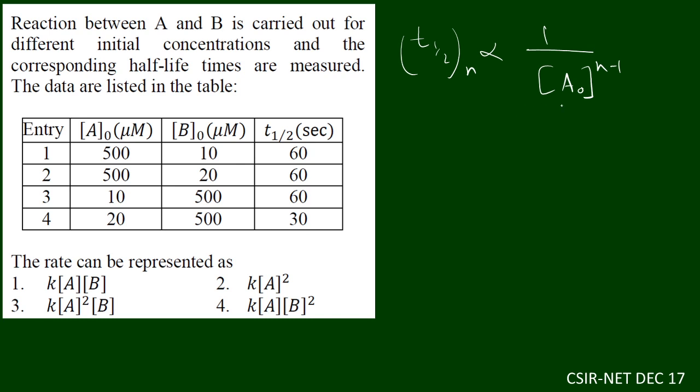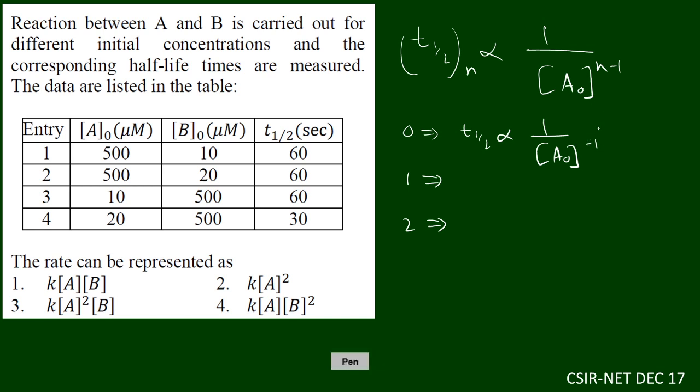From this equation we generalize for zero order, first order and second order reactions. For zero order, t half is proportional to 1 upon a naught to the power 0 minus 1, that is minus 1.